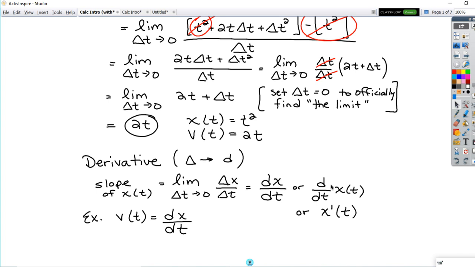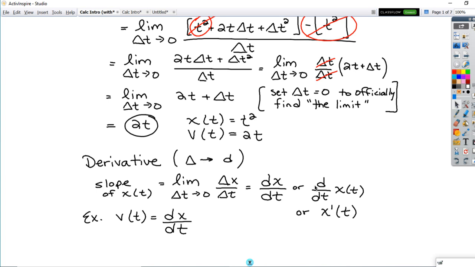Sometimes it's also appropriate to pull the x out, and this d by dt term out front is often known as the derivative operator.